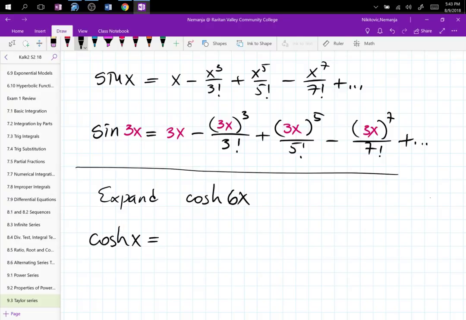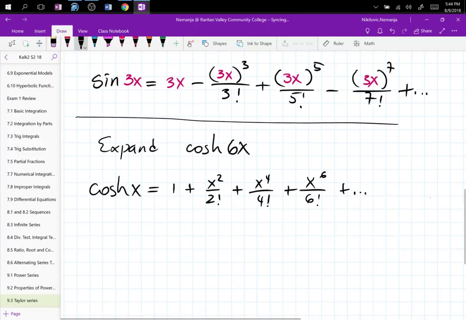And we just have even ones for this, right? So we have 1 plus x squared over 2 factorial plus x to the 4 over 4 factorial plus x to the 6 over 6 factorial plus dot dot dot. It will go forever. So cosine hyperbolic has all pluses. Cosine x will have plus minus plus minus sign alternation.